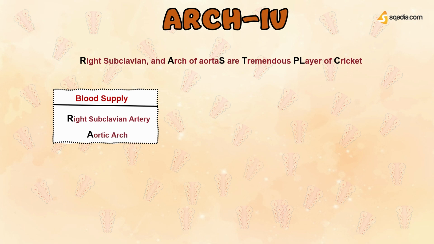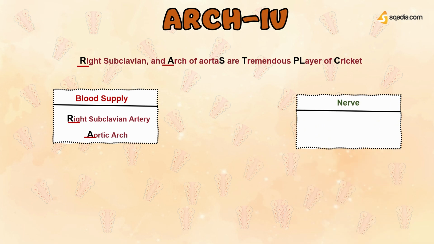So, R in are indicates towards right subclavian and A indicates towards arch of aorta, and we know that nerve given rise by fourth pharyngeal arch is superior laryngeal nerve. S in aortus indicates towards superior laryngeal nerve.